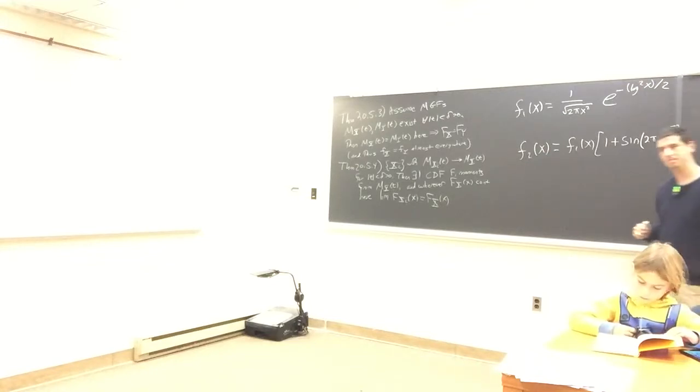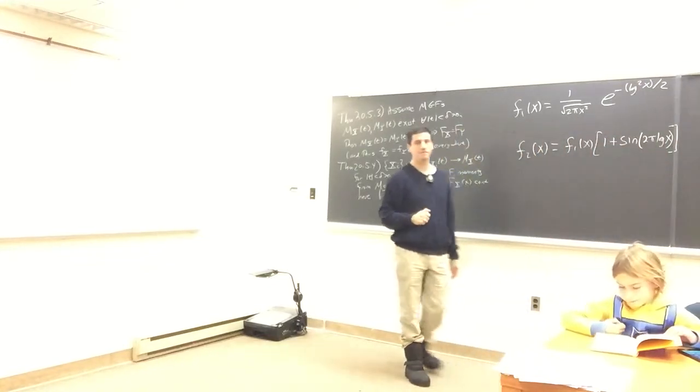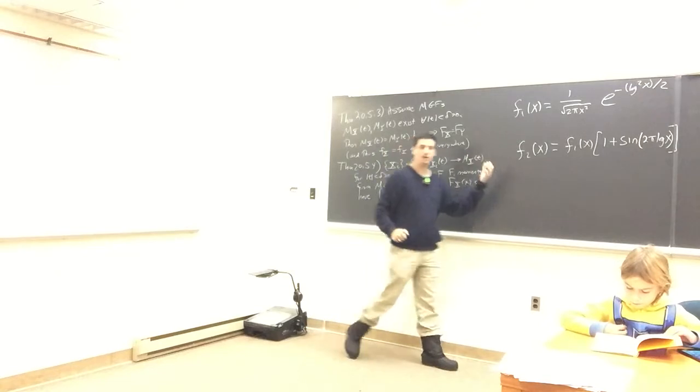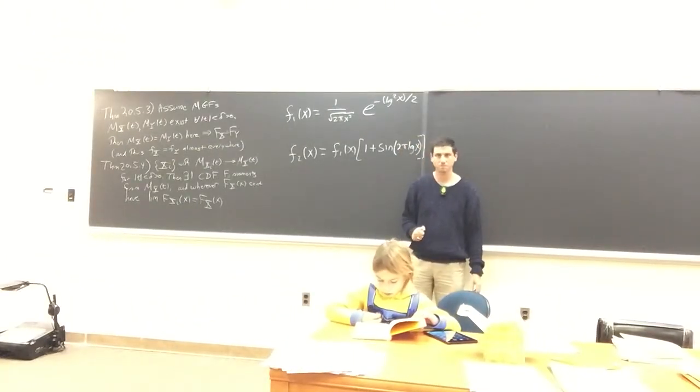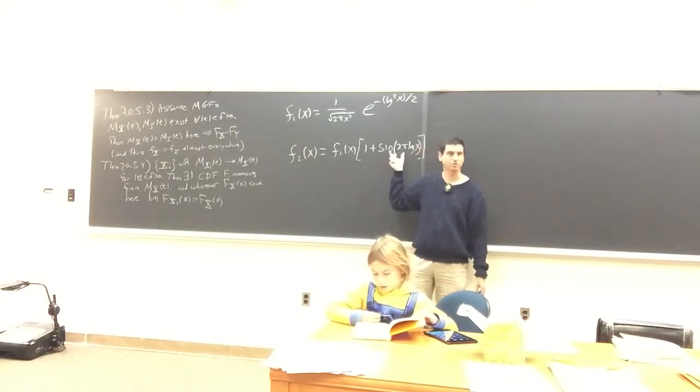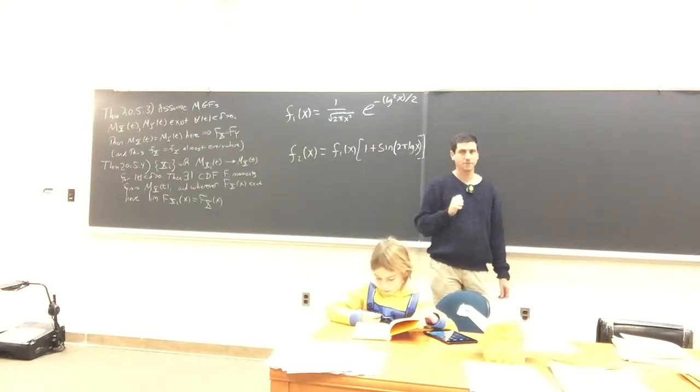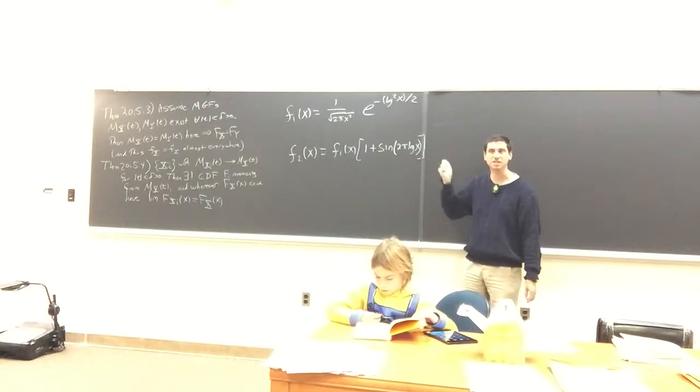If you plot them, they will look very different. Are we surprised that these two densities look different? This factor here is highly oscillatory. What range is this going to go between? This whole bracketed factor, where does it live?